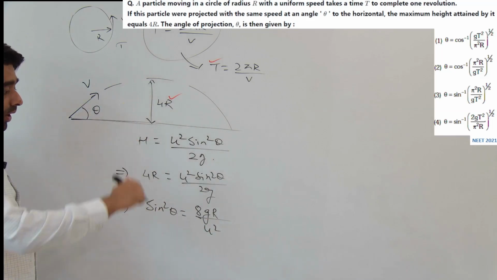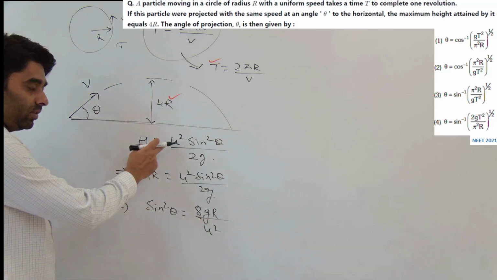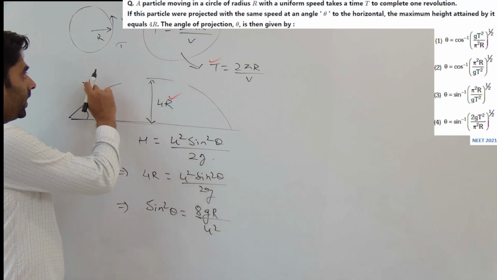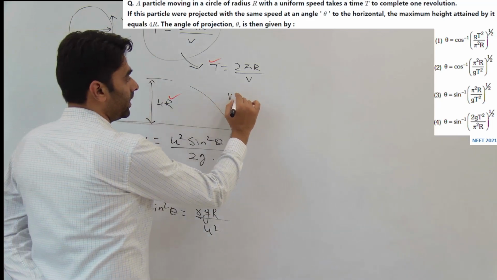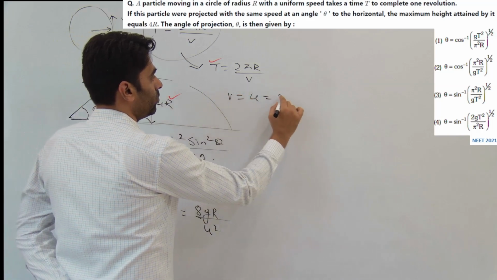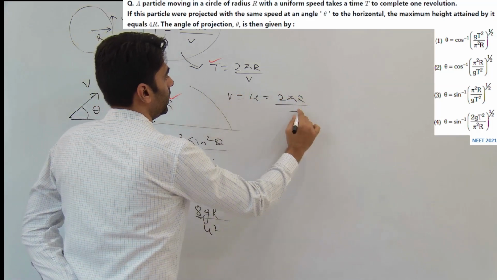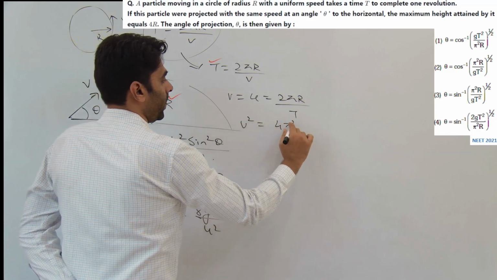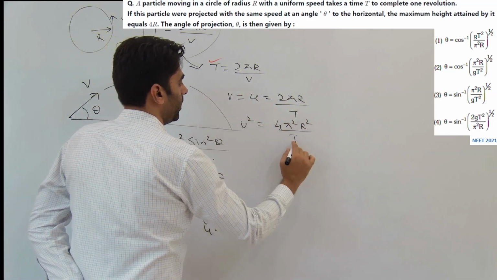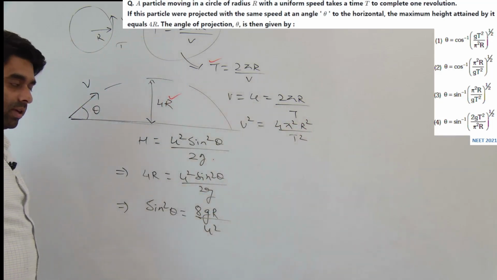Now u square, u is what? The initial speed. This is our formula for projectile. Actually u is the speed with which the particle is moving in the circular path. Let us say v equals u, which equals 2 pi r by t. If we square it, v square will come out to be 4 pi square r square by t square. Let us substitute over here.